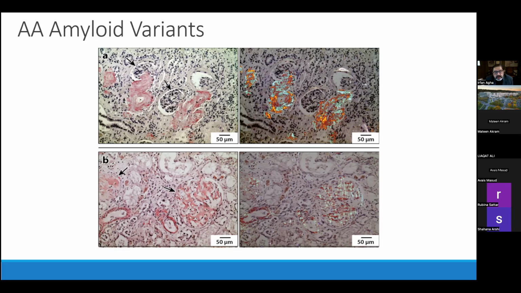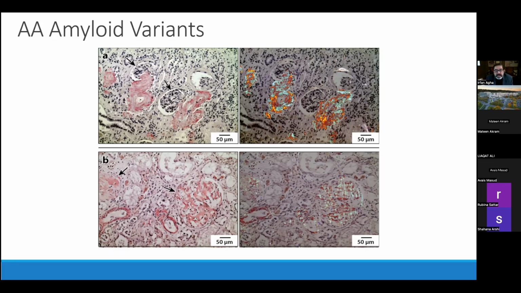The commoner variant is where you've got this massive infiltration of the glomeruli with Congo red positive material, which is what we are used to seeing. And these are the patients who are going to present with proteinuria, will graduate to nephrotic syndrome and eventually will develop glomerular sclerosis and progressive chronic kidney disease and end up on dialysis if they live long enough.